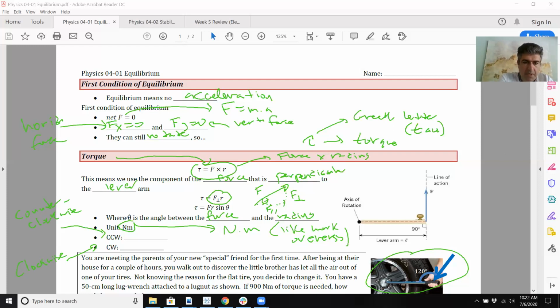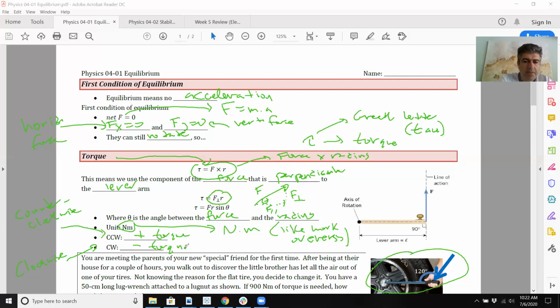Typically we expect the counterclockwise torque to be positive. If you're going clockwise, we expect that to be negative. Just the conventions that people use.